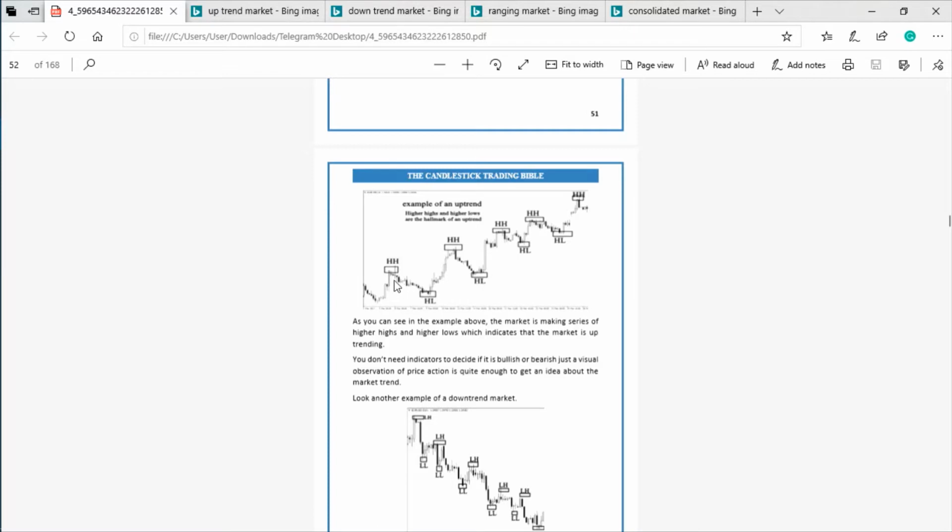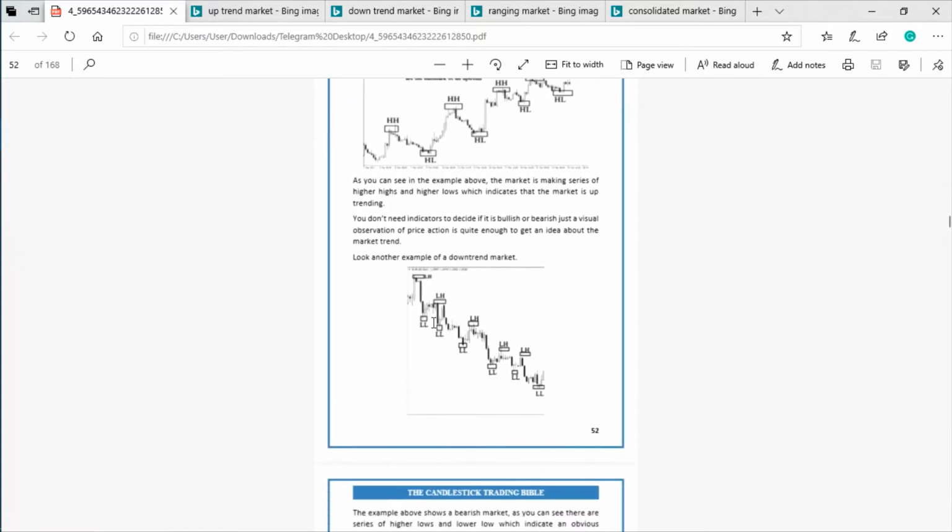The new higher high is higher than the previous higher high. Then you look at the higher low and you see it's higher than the previous higher low. So that is how you determine whether the market is moving in an uptrend.